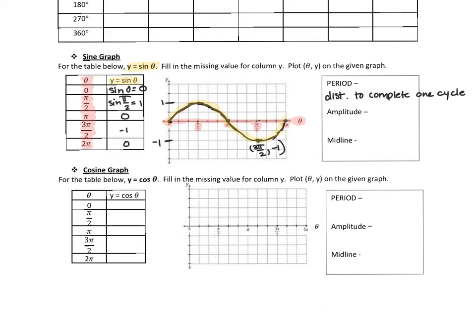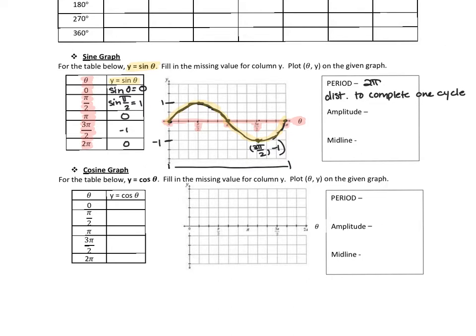So in this case, my period is 2 pi, and I'm getting that from my theta axis. I did one total cycle from 0, 0 back to this 0, 0, one total cycle in 2 pi units on the theta axis, our x-axis.